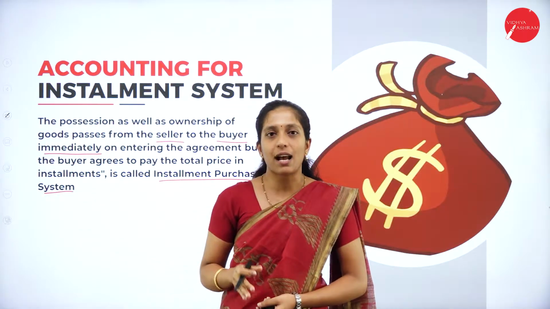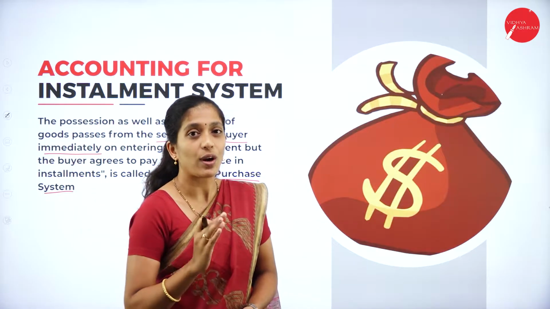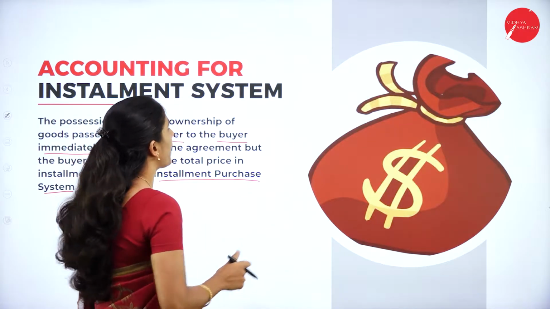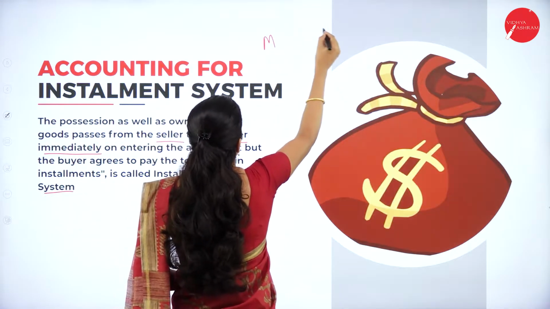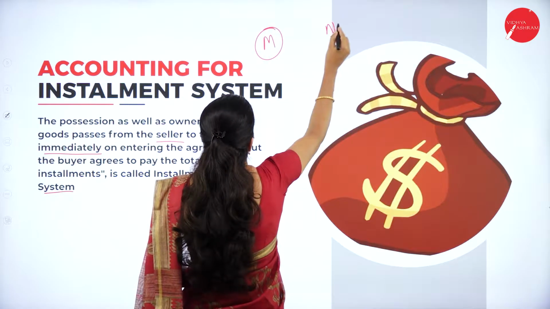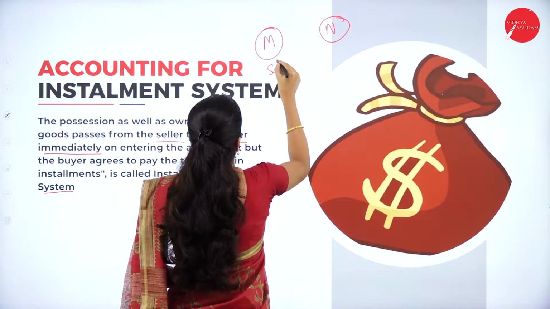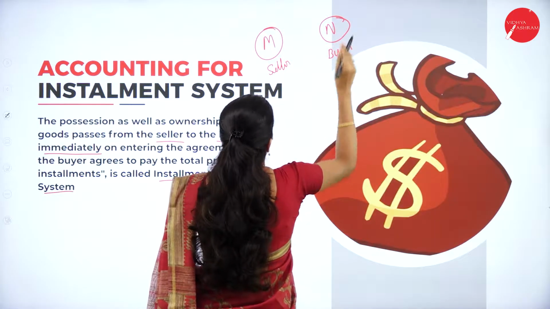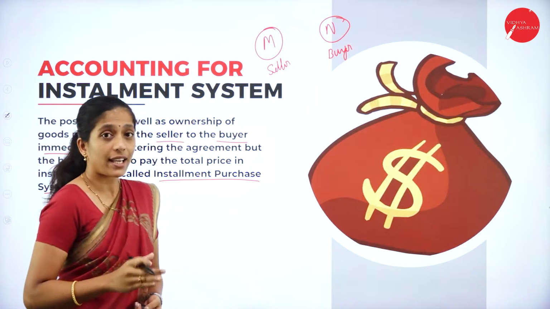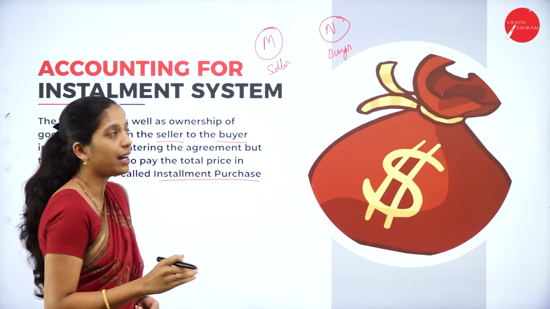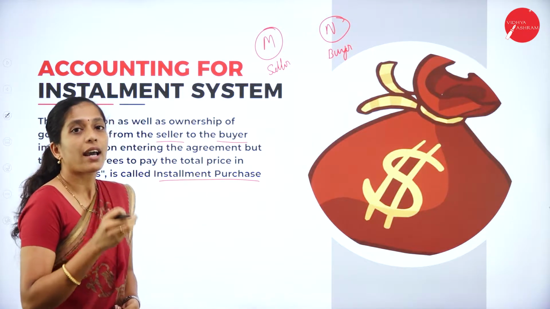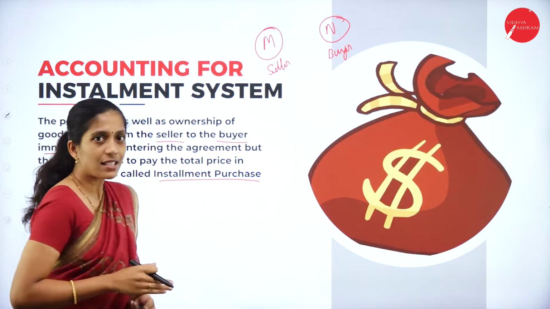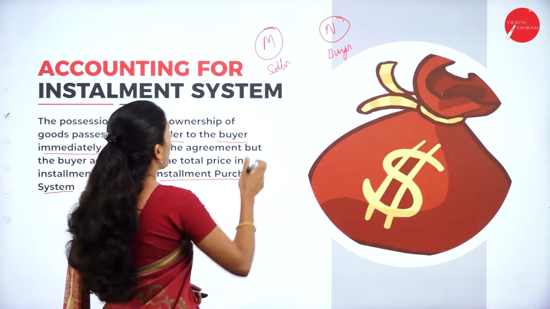I'll give an example so that you can clearly understand the installment purchase system. For example, there are two parties M and N, and M is known as seller and N is known as buyer. Whereas in hire purchase system, M is known as hire seller or hire vendor and N is known as hire purchaser. Here there are two parties, seller as well as buyer. Clear? Now what happens?